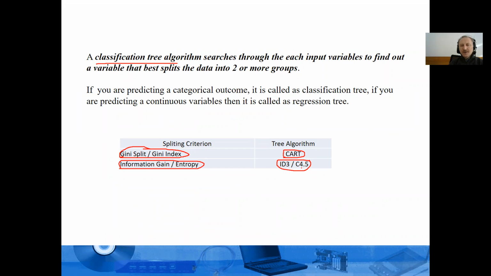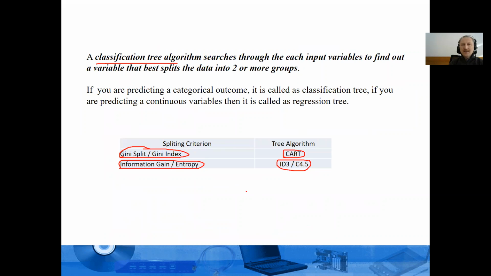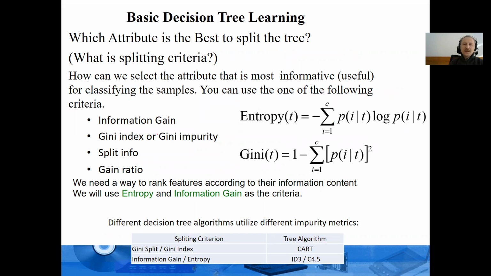If you are using this type of algorithm, it will find the best splitting node by using information gain and entropy. So there are other metrics. For example, you can use information gain, Gini index, Gini impurity, split info, gain ratio. You can use one of them to find the best splitting node. They are our criteria. For example, if you want to use information gain, the formula is here.